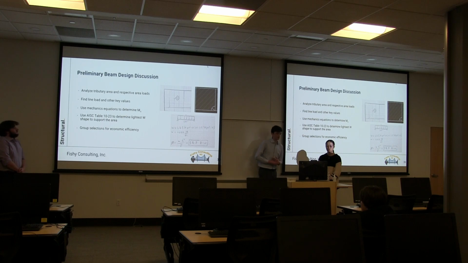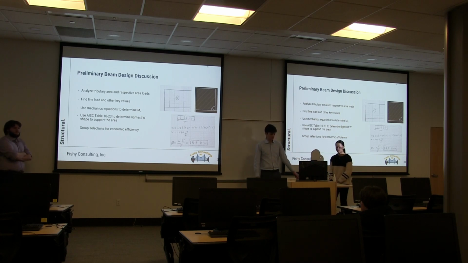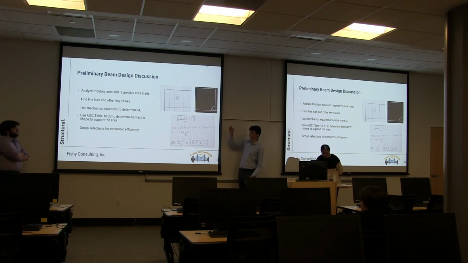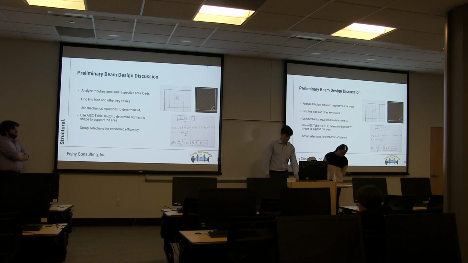So as far as beam design so far, first we take the tributary area of the beam, so what that beam is going to be responsible for supporting. For my example here, I included just one of the beams that supports purely the loading from one of the living spaces.